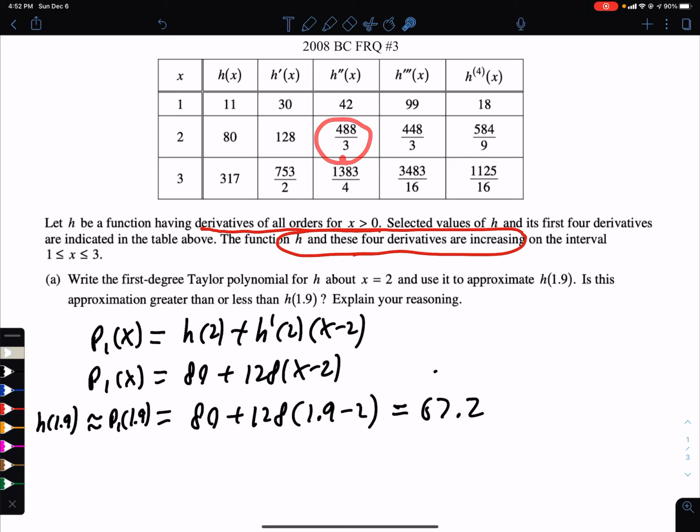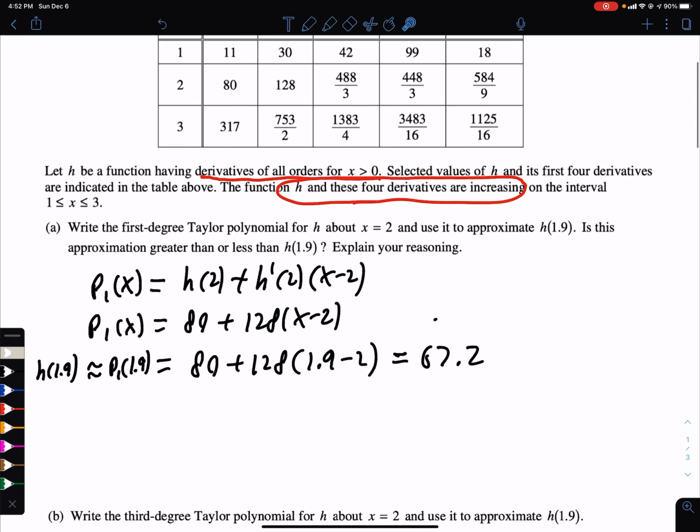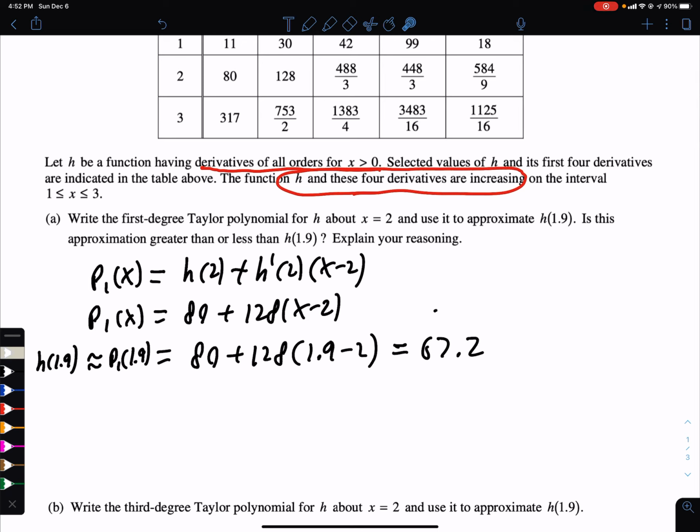It's positive, and the second derivative is increasing because all derivatives are increasing, so it's never negative. The second derivative is always positive from 1 to 2. Therefore, it's going to be an under approximation.